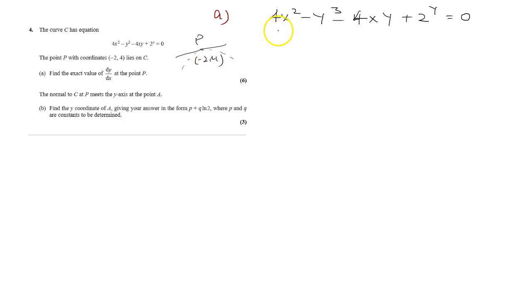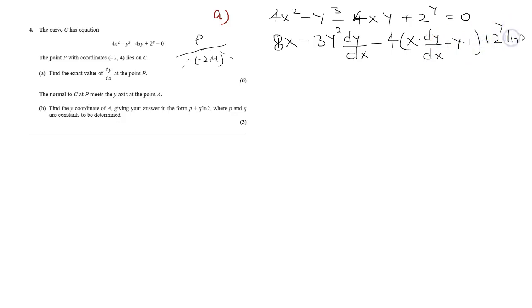So let's differentiate it. 4 times 2 is 8x minus 3y squared dy over dx, minus 4, first function x, differential of second is dy over dx, plus second function, differential of first is 1, plus 2 to the power y ln 2 is equal to 0.